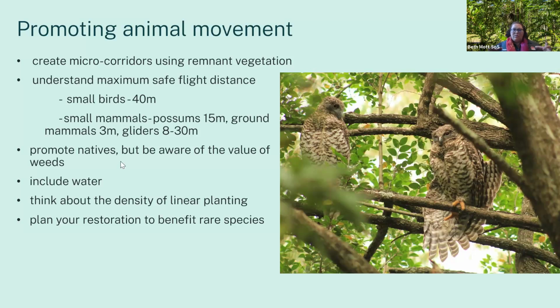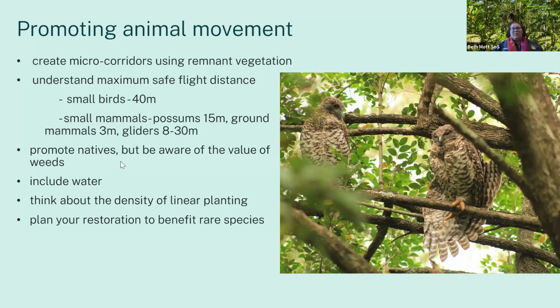So of course, we want to always aim for those native species and look at our reference communities to work out what those species are. But when we do have weeds in the patch, it's important that we don't get in there gung-ho and start clearing all of those weeds away, as a mass clearing, because often we're removing habitat that can be really important for our fauna.